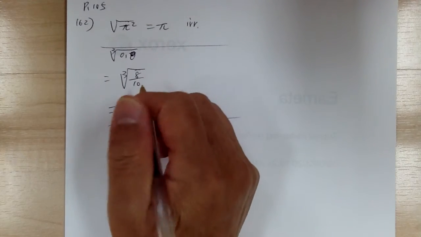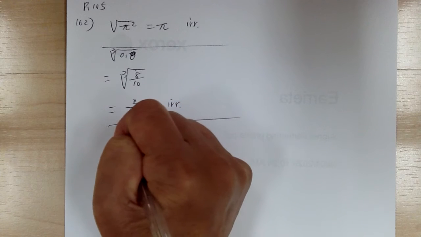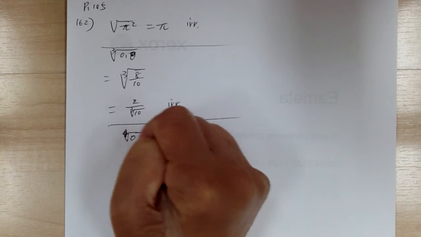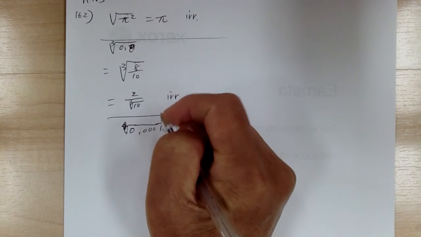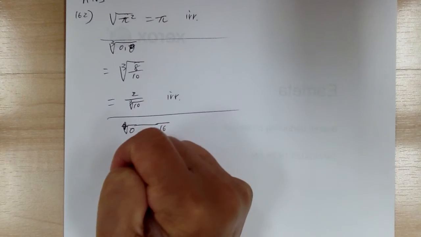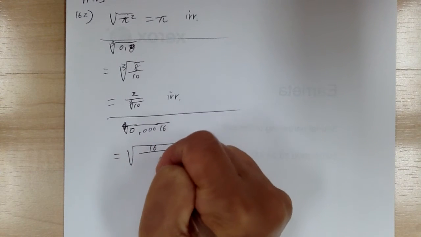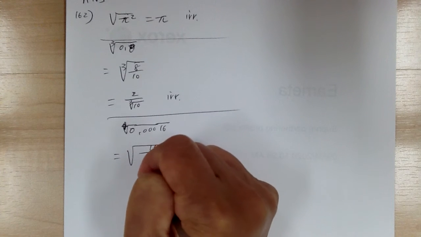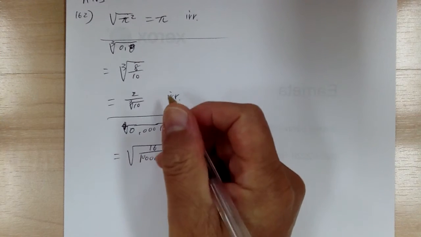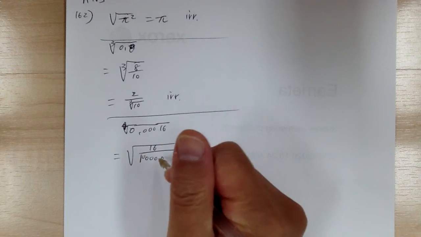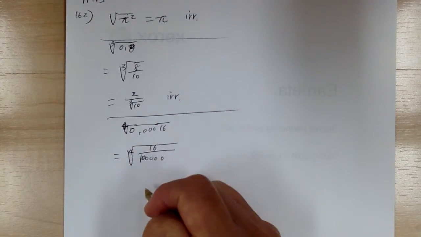And let's go to the third one. Fourth root of 0.00016. Okay, so you can express this as a fraction. So you got 16 over 1, 2, 3, 4, 5 zeros. So you have to be careful with the circles. Okay, and this is a fourth root.